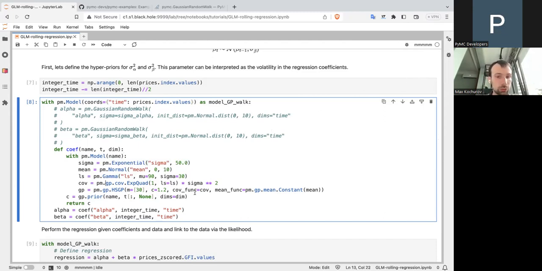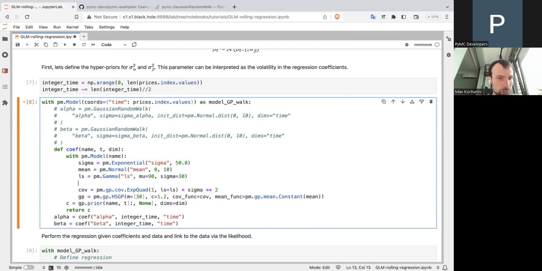So in our example, how would we interpret this sigma, mean, and length scale? Mean would be the average behavior of our dependency between producing index and the gold price.